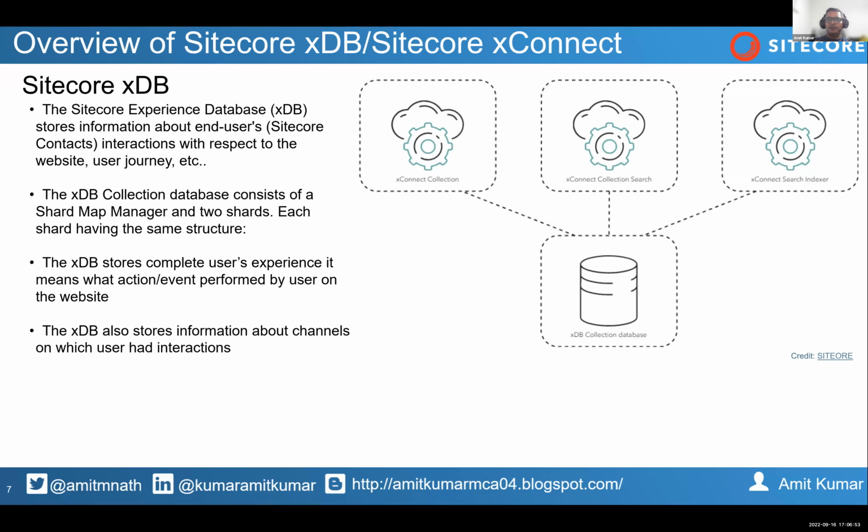When you are using xDB or the Sitecore CMS to get experience analytics reporting, experience profile, or list manager, in those cases xConnect collection search is used. So these are the two main services generally utilized by Sitecore to get or set the data while you are making a call from the CD or CM roles.